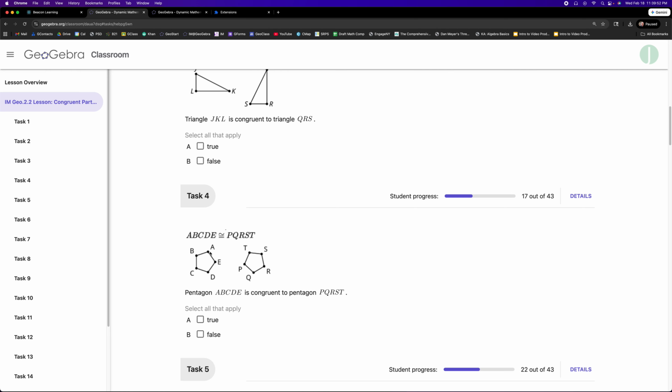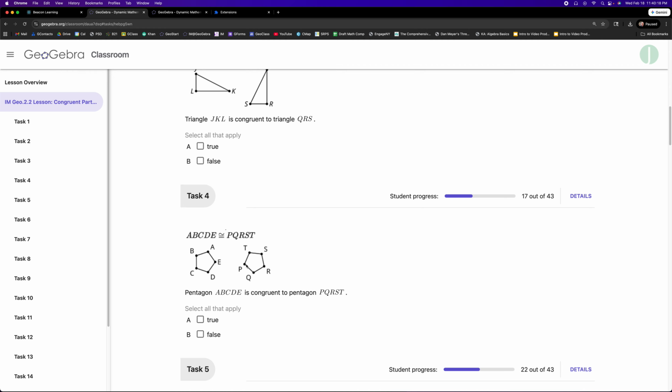So let's see here. They're saying that A matches up with P. If I put A over here where P is, and I keep going around this way, it'd be A, B, and then P, Q. I'm still going around this way, which is counterclockwise, because clocks go the other way.